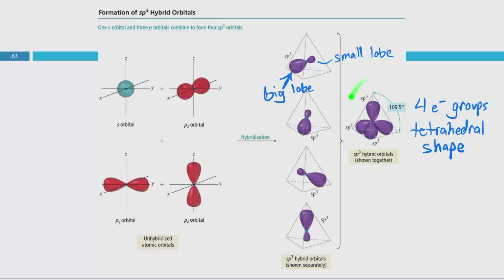Generally, usually, you would look at them all together rather than looking at them broken out separately. But it's also nice to see them that way.